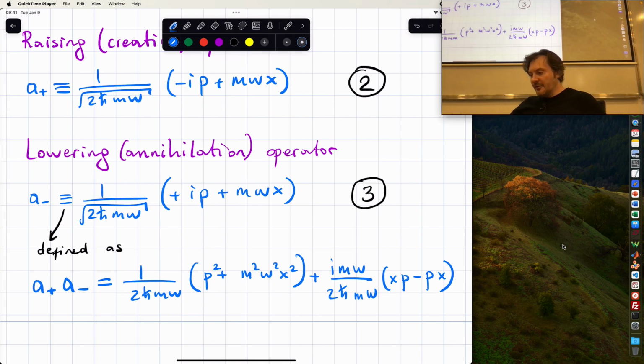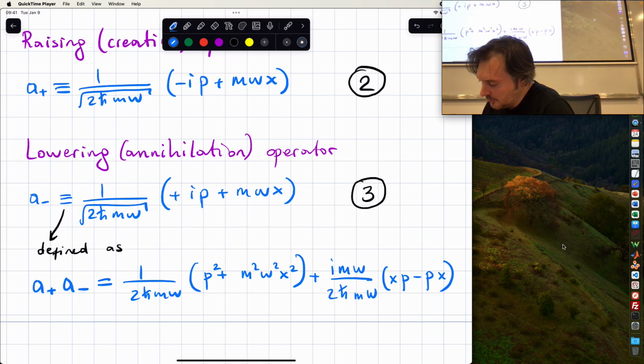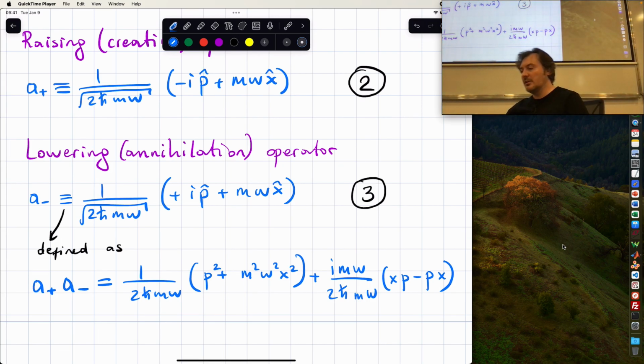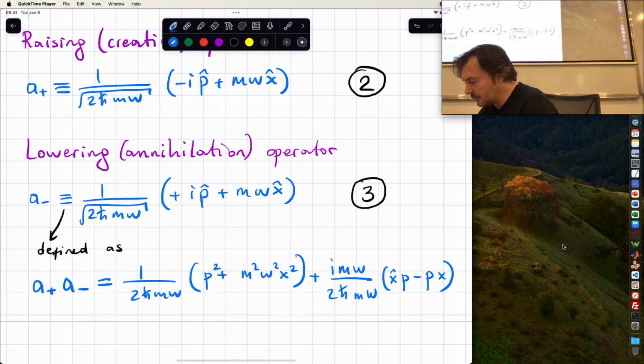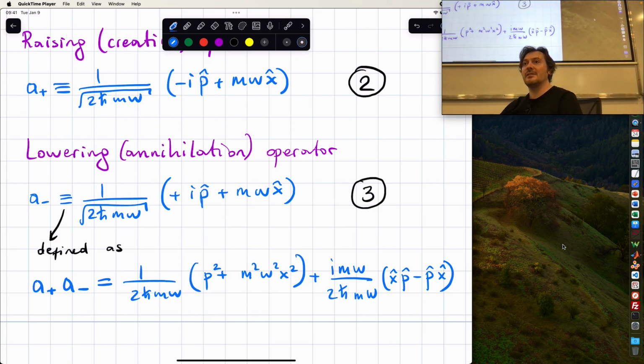Ekin is proposing to put the hats everywhere, you know. Why is he proposing it at this particular moment? Because if this was just a number, then this would be 0. But these are operators, so that's why xp is not necessarily equal to px. Do you remember the matrices?